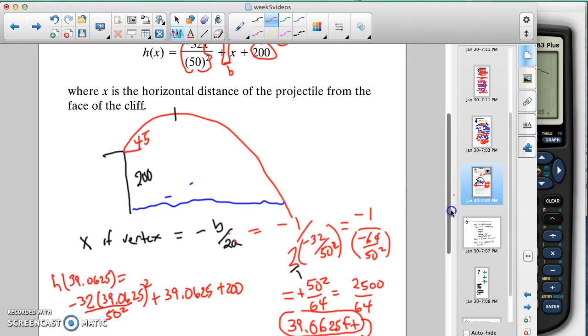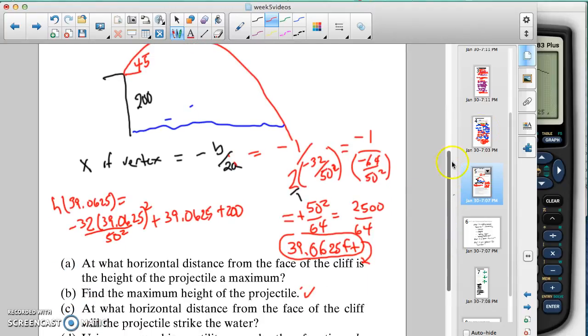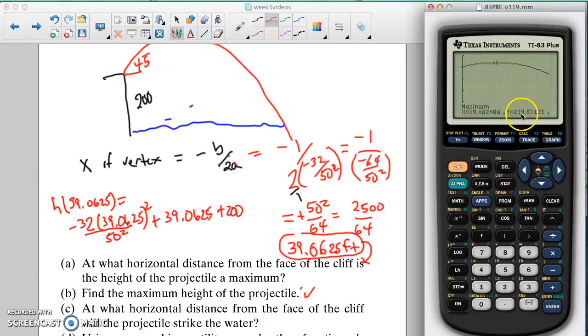So this is what we would want to plug in to figure out this value. We're hoping that the value is close to the answer that we got here in our calculator, 219.5. So let's just use our calculator here to test this out.